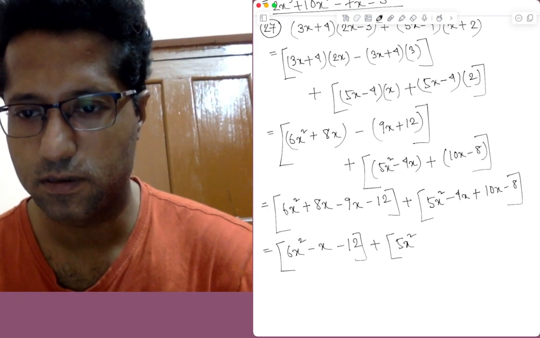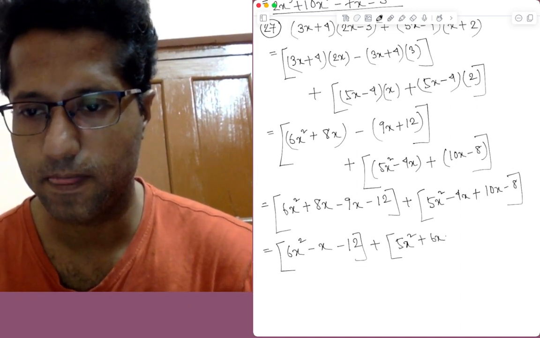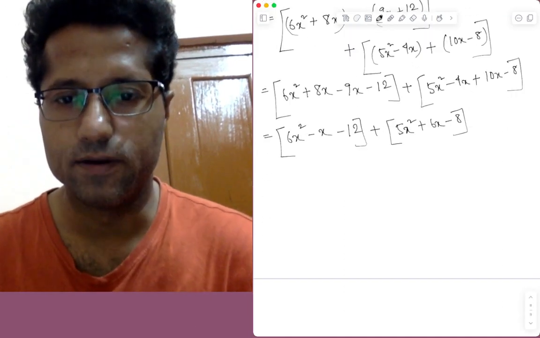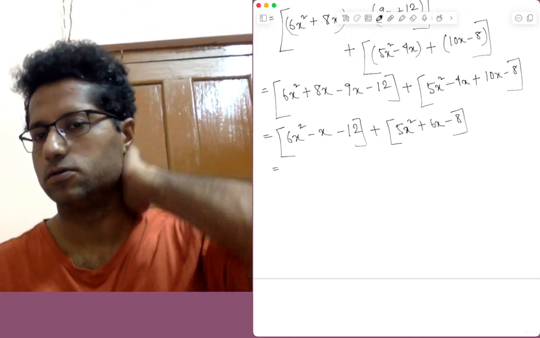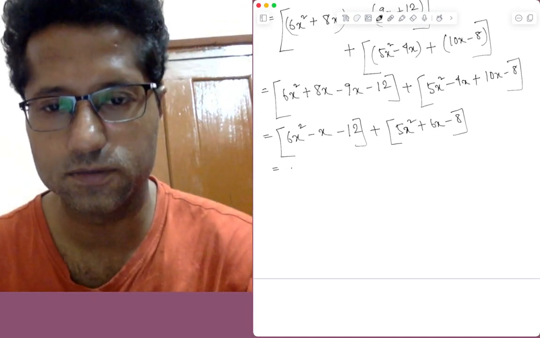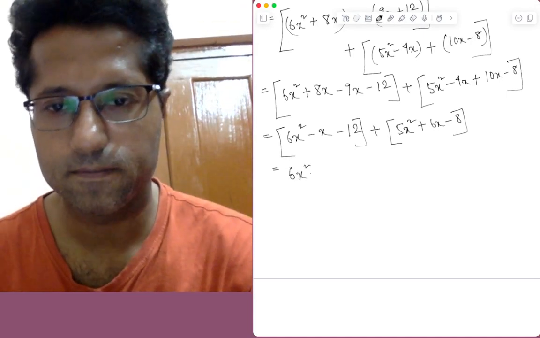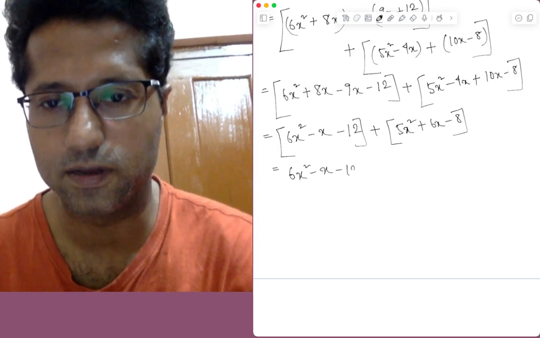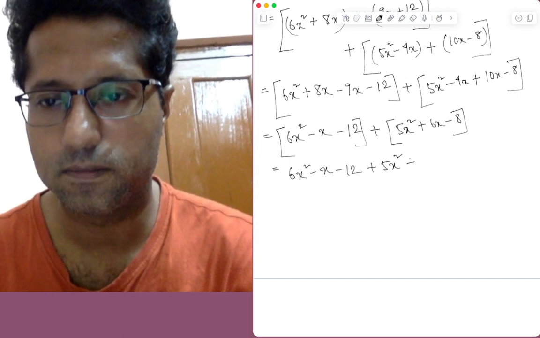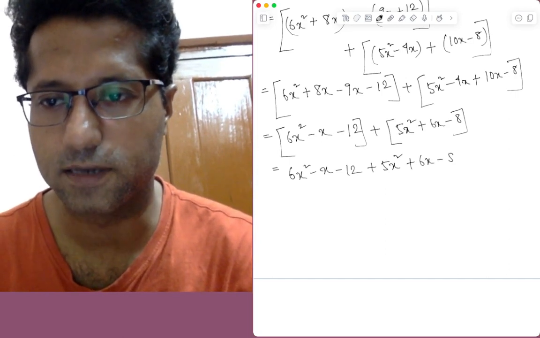This becomes plus 6x minus 8. So now we can remove the grouping symbols because there is no negative sign in front of them. So this becomes 6x square minus x minus 12 plus 5x square plus 6x minus 8.